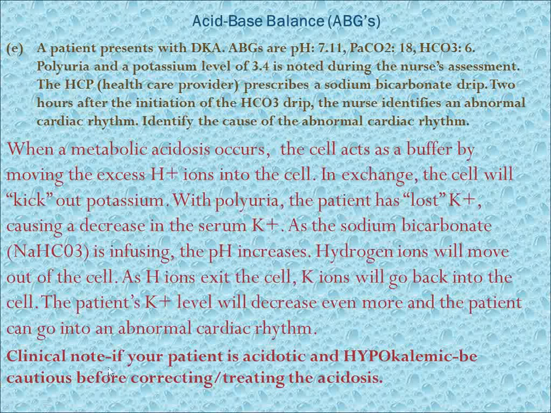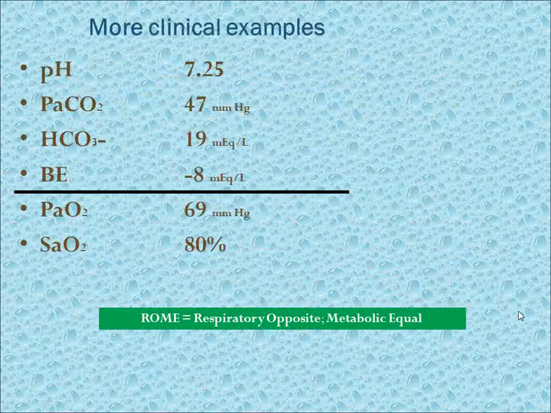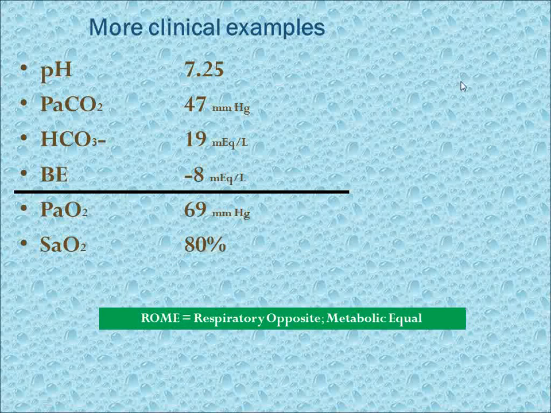So there's your clinical note: if your patient is acidotic and hypokalemic, you'd better be cautious and concurrently treat the potassium and the acidosis at the same time. Email me with questions.